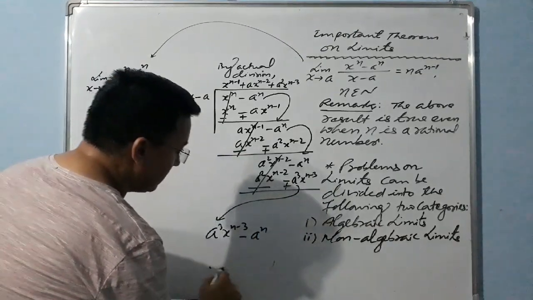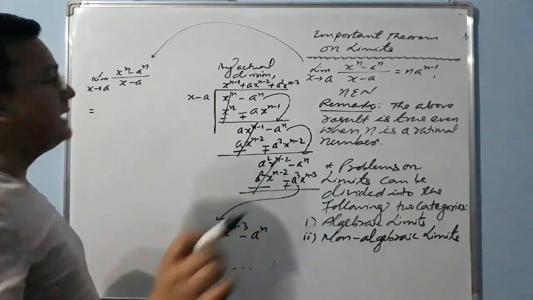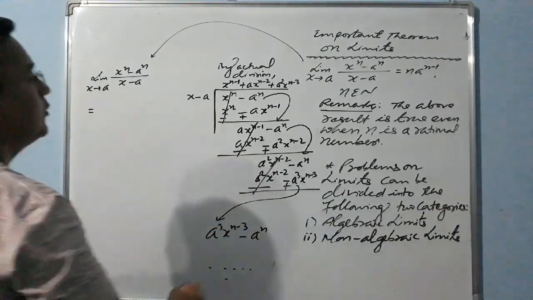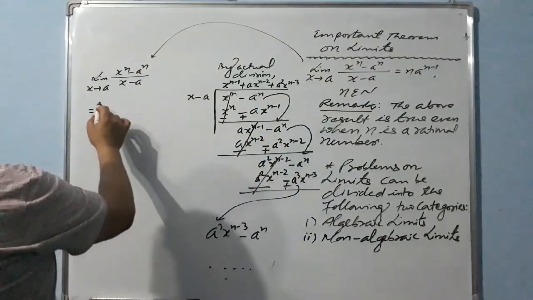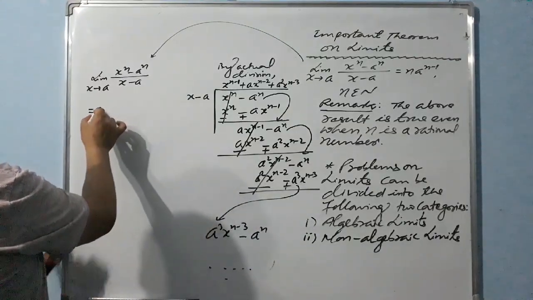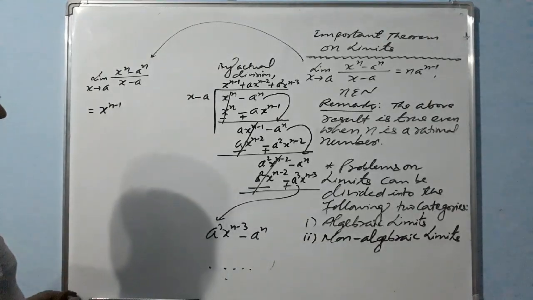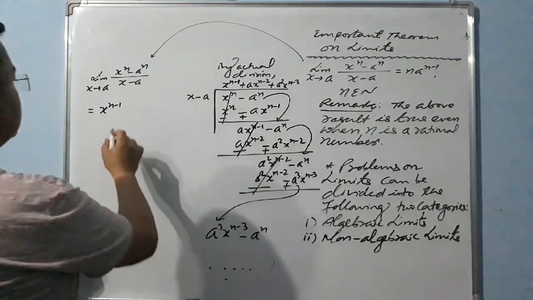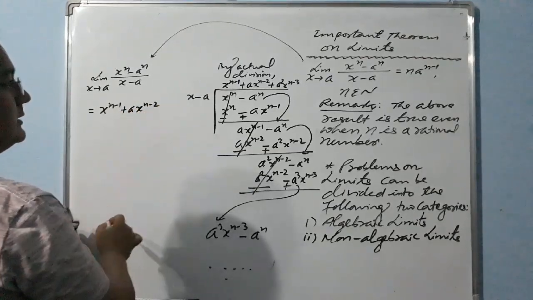Alright, and so on. If we extend this process to n terms, see here what we'll get. Let's make the sequence up to n terms: x raised to power n minus 1, plus a x raised to power n minus 2.